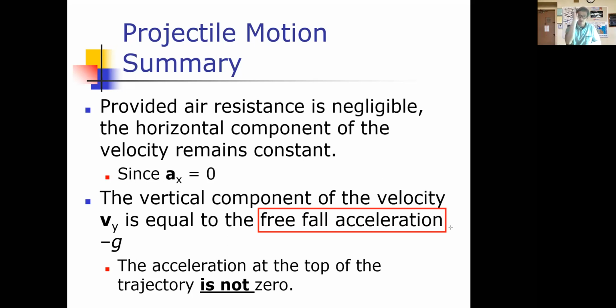So even as it moves up, acceleration is down. When it reaches the top where it stops, the velocity at the very top is 0. Again, it's the velocity on the vertical that is 0, not along the horizontal. Even at the very top where the velocity along the vertical is 0, the acceleration is still downward.